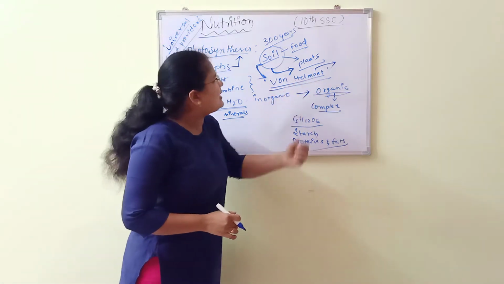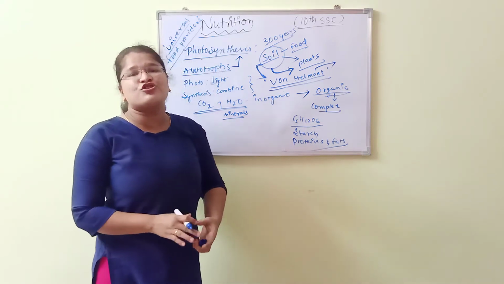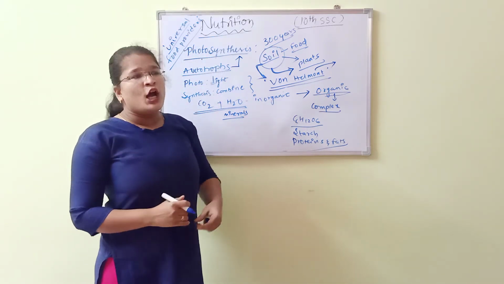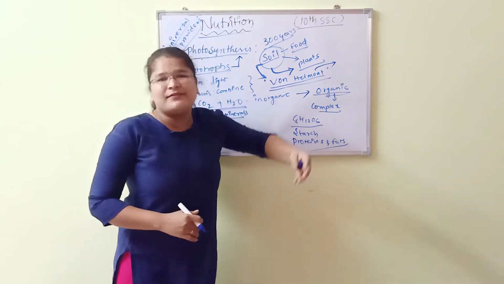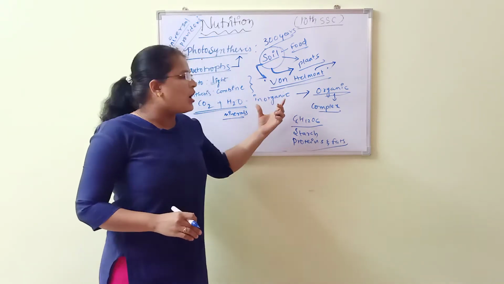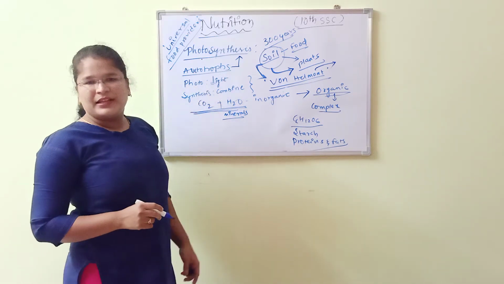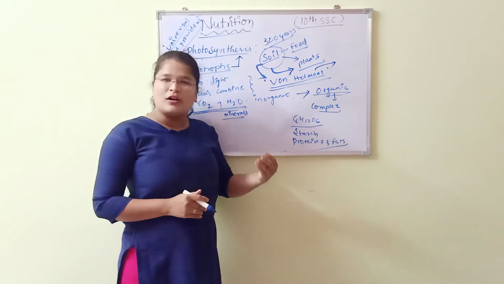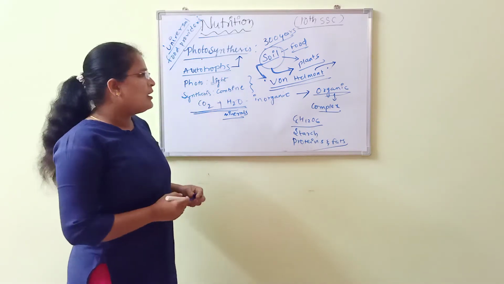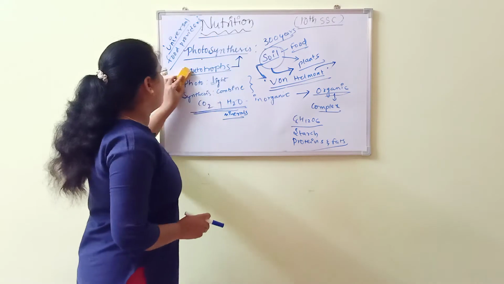As he said that, later on our scientists did investigations on it. After many investigations, we came to know that plants need many different components like water, minerals, salts, like that.